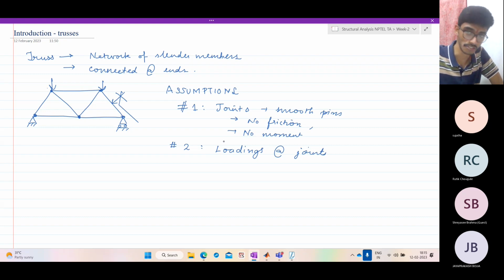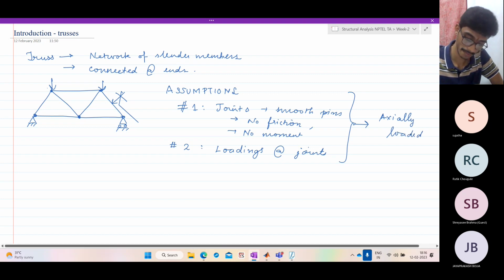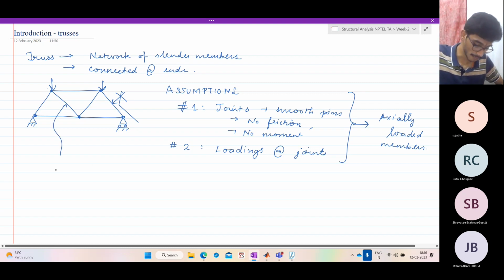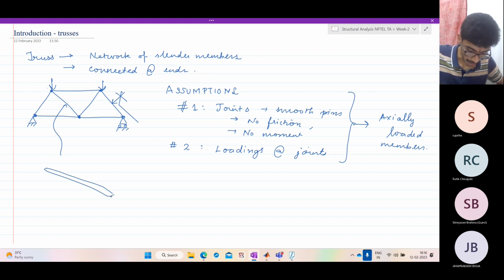Under these two assumptions, when they are satisfied, what we get is axially loaded members. By that we mean that if you take this member, it looks like this with a cross section. This member is axially loaded.